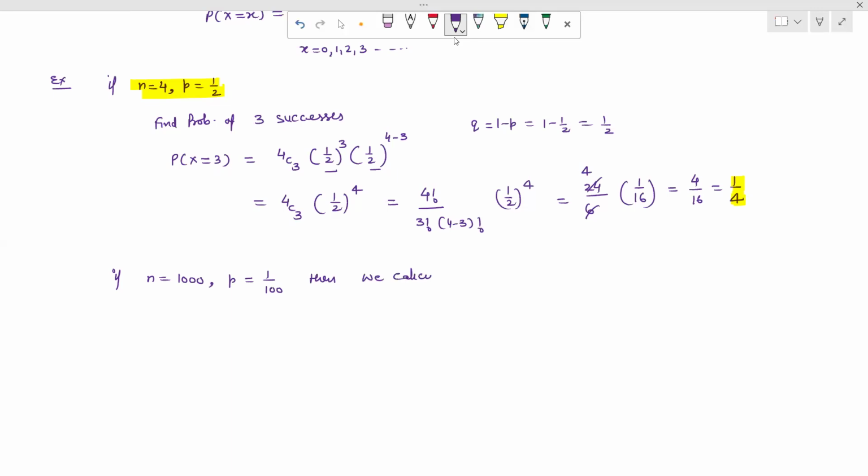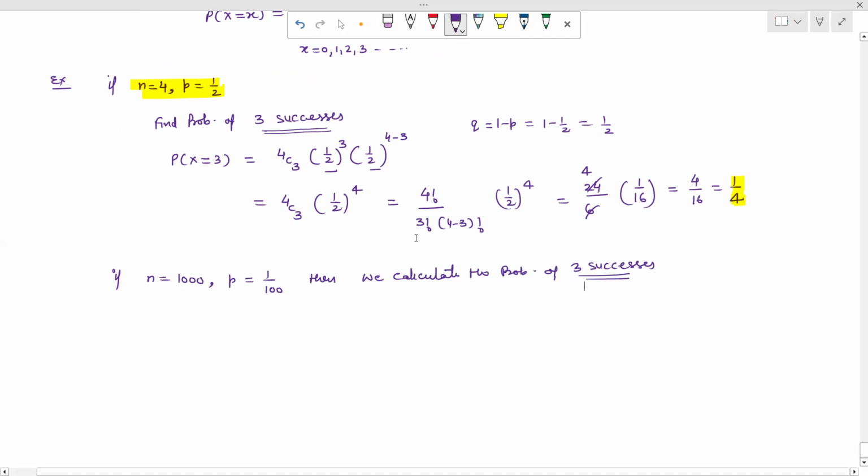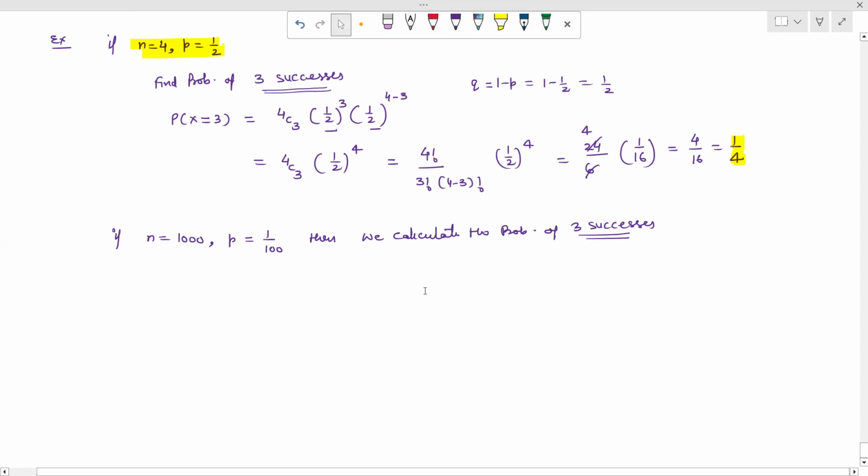Then we calculate the probability of three successes, the same as in the previous part. But we have two changes: the number of trials n increases, and the probability decreases. When we have a large number of trials, the probability of success is obviously low.